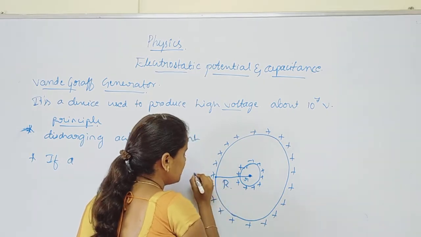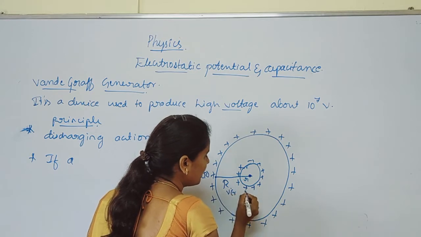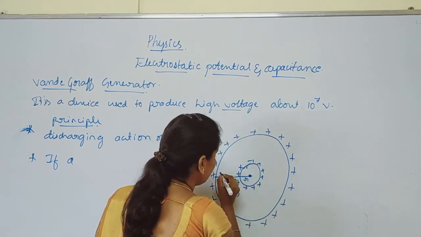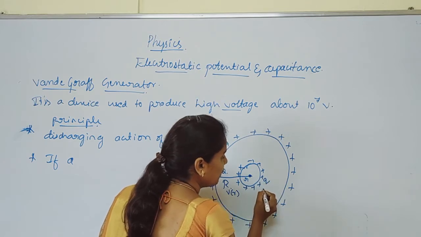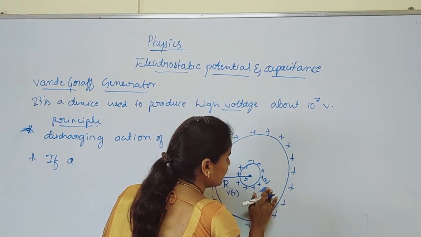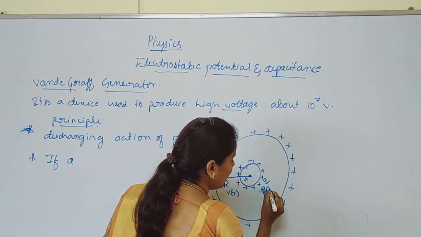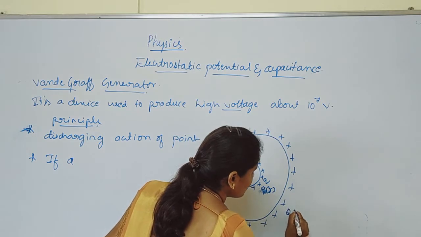Capital R, this is the potential of capital R. This is V of small r. Here the charge is Q, here the charge is small q.